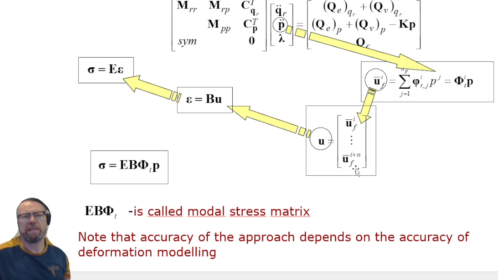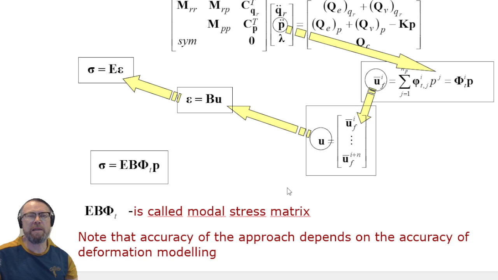And then you need to break this down to the element level, so you look at, for each of the elements, how the deformation is within the element. Then you get this kinematic matrix. This is something we discussed when we discussed the finite element method. You can get the strain. And then with the help of the matrix of elastic coefficients, you can get the stresses. And that's it.